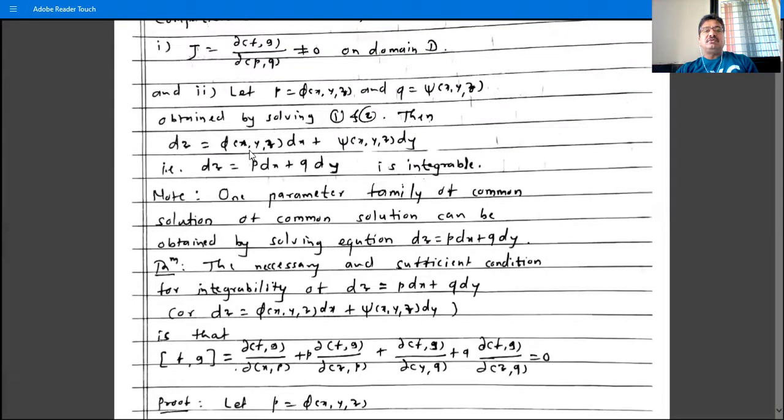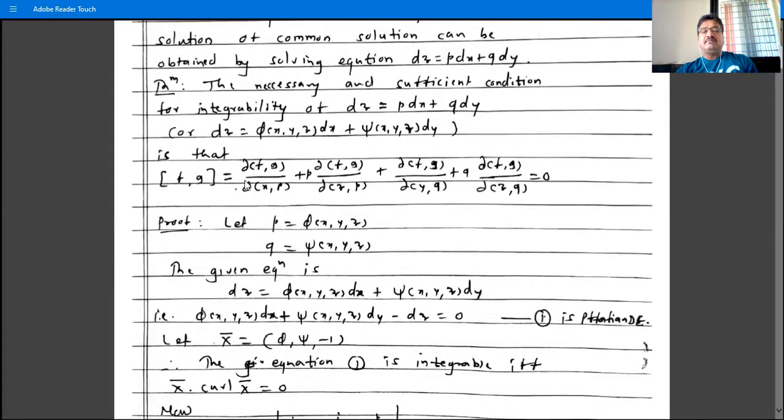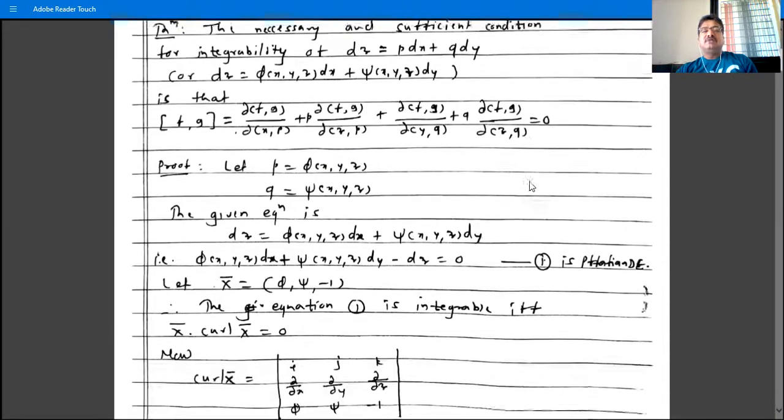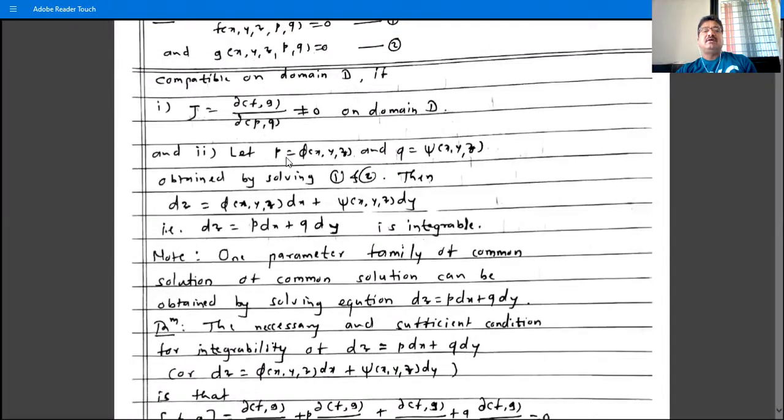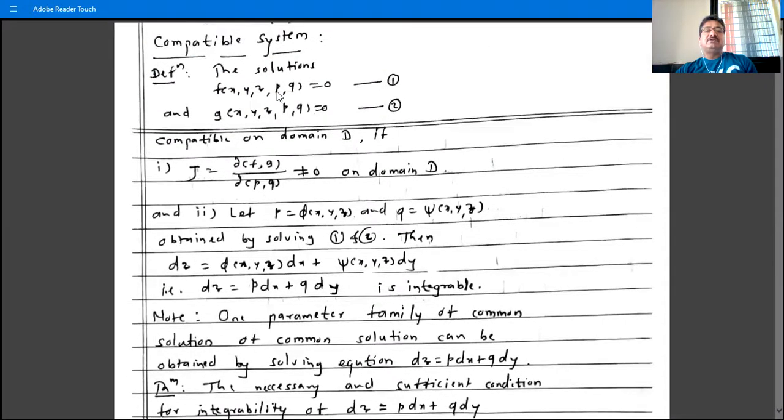Now, to check whether dz = p dx + q dy is integrable, we have to show that this equation is satisfied, that this is equal to 0. If these two conditions are satisfied, then we say the equations are compatible.